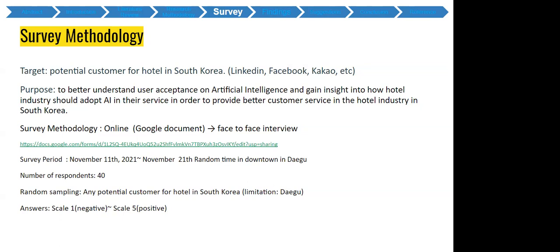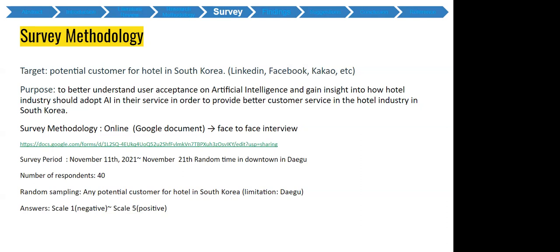We gave the surveys to random people, but since we're targeting potential customers for hotels in South Korea, we only surveyed people over the age of 20. So we got answers from 40 people. It was random sampling, any potential customer for hotels in South Korea.